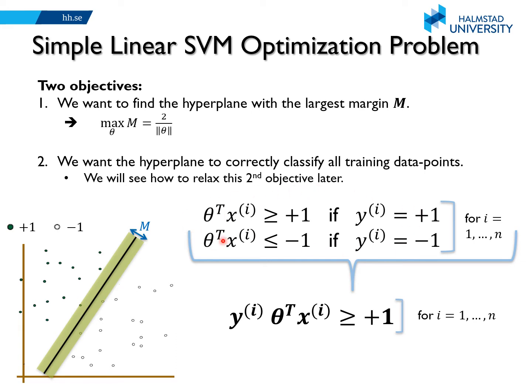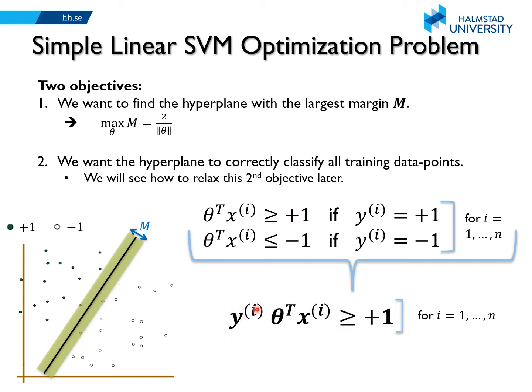And these two expressions can be simplified in one expression, saying that for each data point i, yi times theta transpose xi should be larger than or equal to +1. So if the label is +1, then we get theta transpose xi larger than or equal to +1.